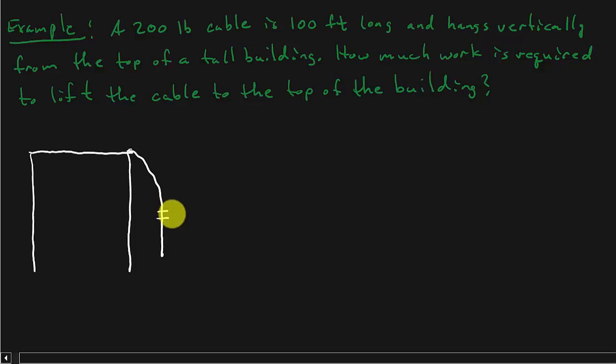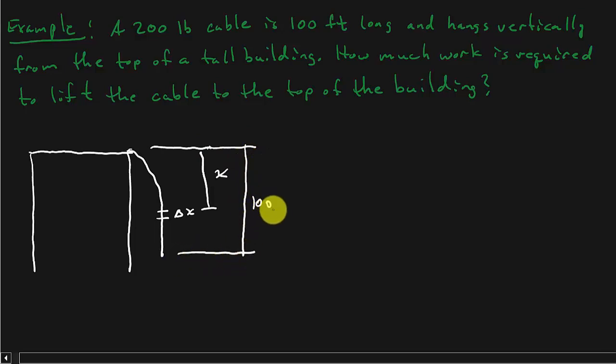Take a little piece. And the width of that piece there is delta x. And that piece is x feet from the top. And keep in mind, the entire rope is 100 feet long.